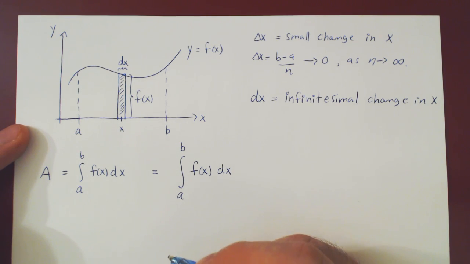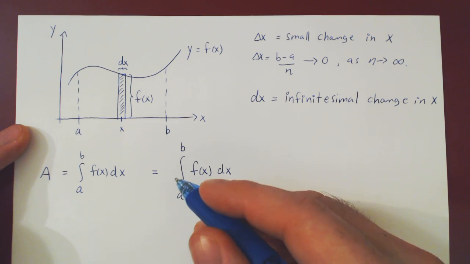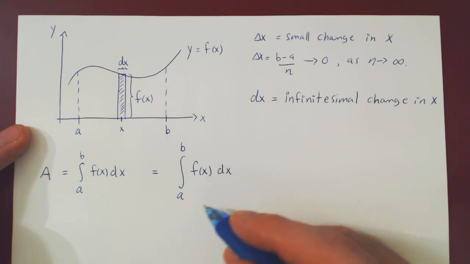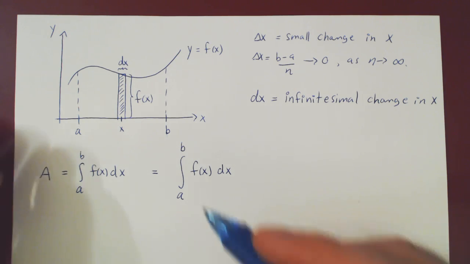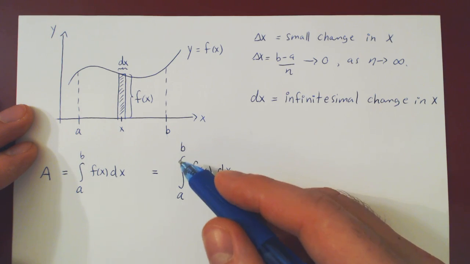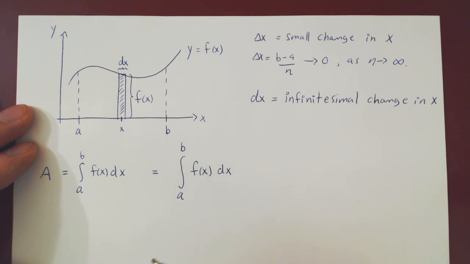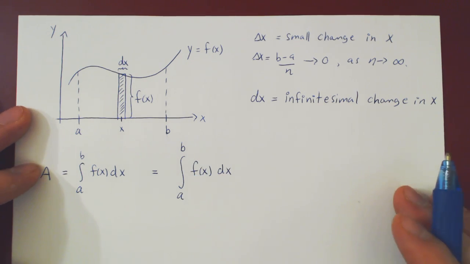One last comment: what are the properties of this definite integral? We have properties of the indefinite integral, and we'll see that we have essentially the same properties with a few additional ones for the definite integral.